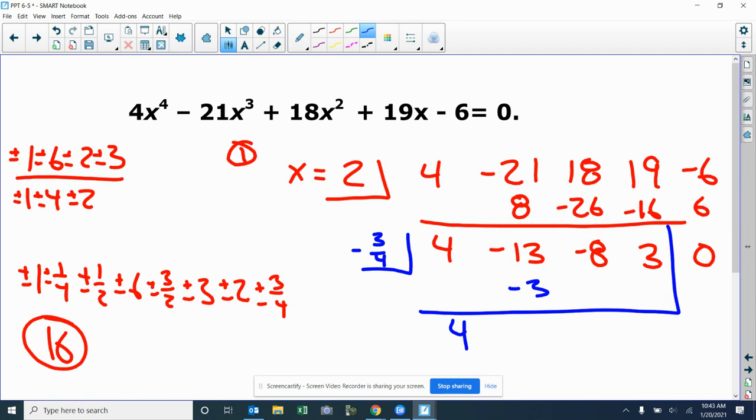And is it negative or positive? Negative 3. That's gonna give me negative 16. Negative 16 is gonna give me positive 12, I think. Help me if I'm wrong there. That's gonna give me 4 here. And that's gonna give me negative 3. Gives me 0. Woohoo!